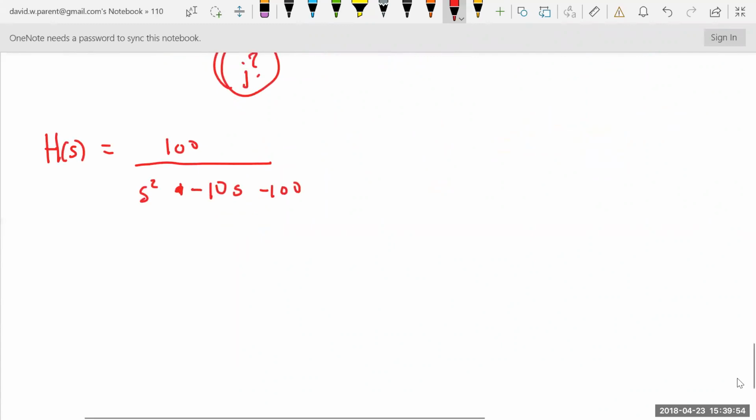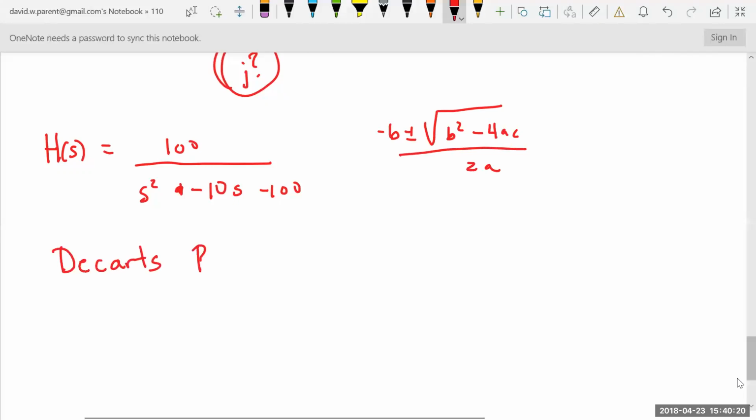Now, a lot of times we talk about the quadratic equation, and that's pretty good for second order. But really, when you get up to higher order, I think Descartes' rule.